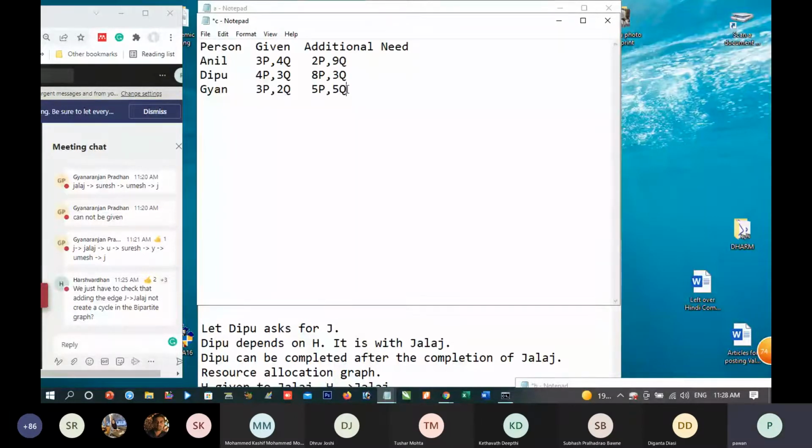Now, suppose there are multiple resources. In that case, the resource allocation graph will not become applicable. Multiple P's are there, multiple Q's are there. Then the resource allocation graph will not become helpful.